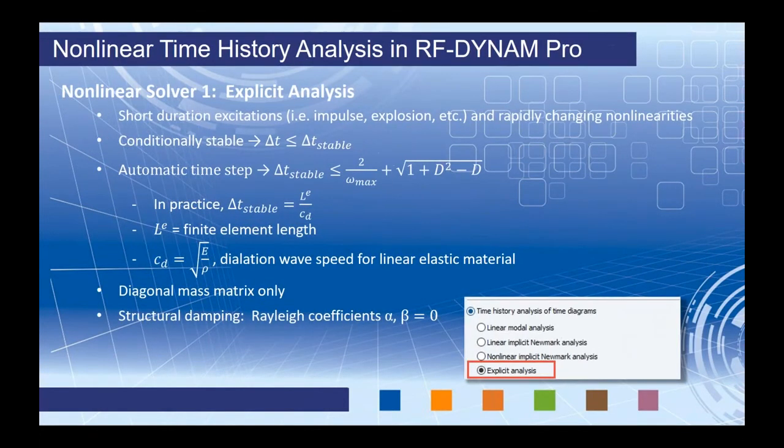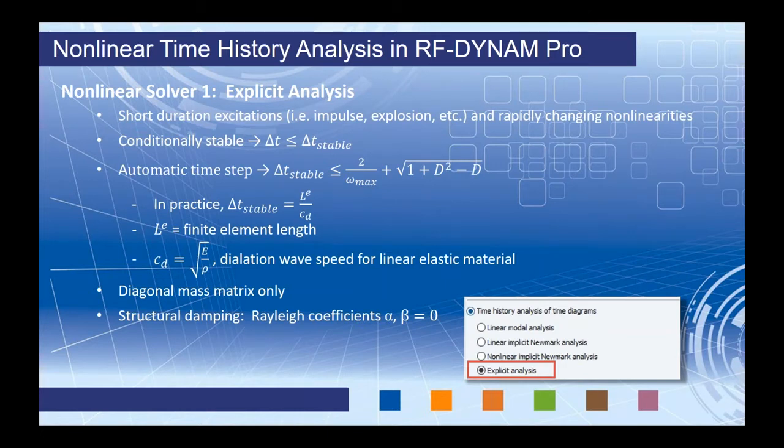Looking at the first nonlinear solver in a little bit more detail, well, this is an explicit analysis solver. This is best for short duration excitation, such as an impulse, an explosion, or rapidly changing nonlinearities. Now, in order to get a conditionally stable model, your time step, delta t, must be less than or equal to delta t stable.